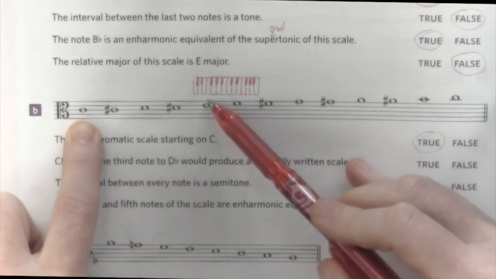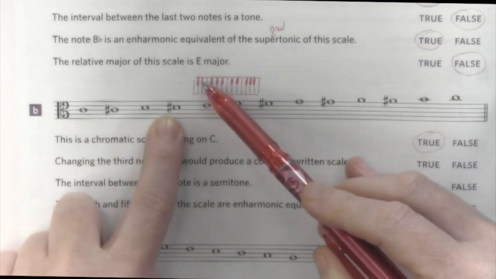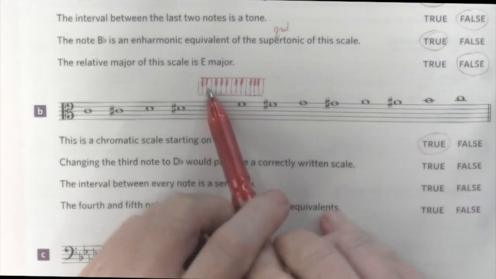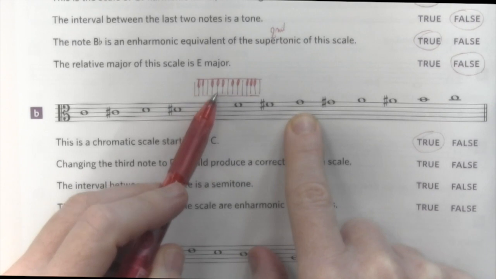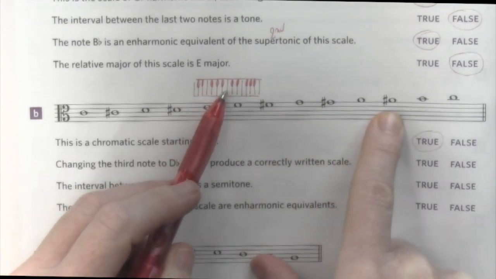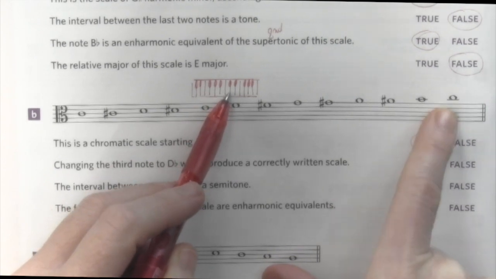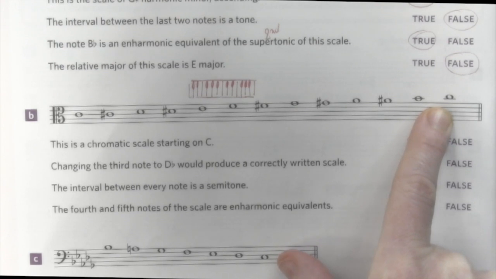Okay, so this is do, do sharp, re, re sharp, mi, fa, fa sharp, sol, sol sharp, la, la sharp, si, and do. So this is a correct chromatic scale, correctly written.